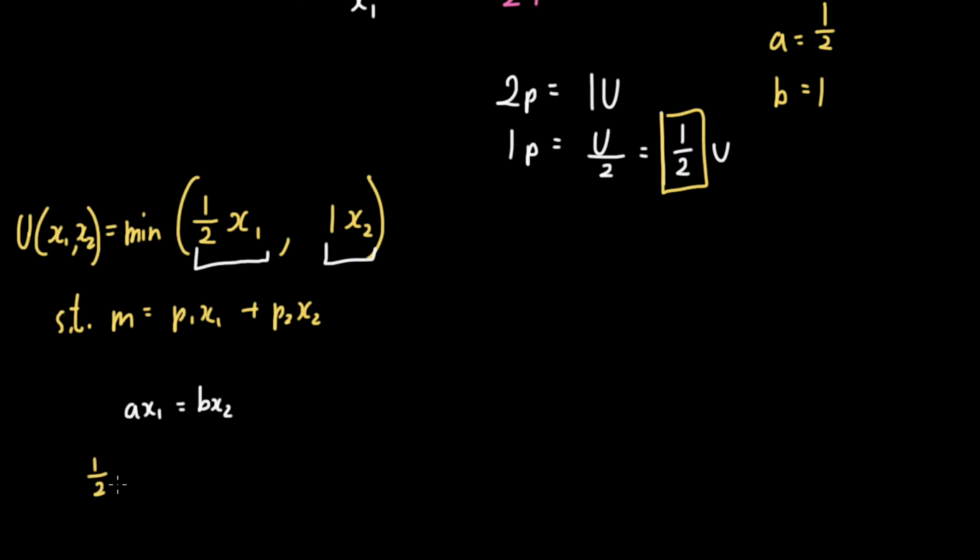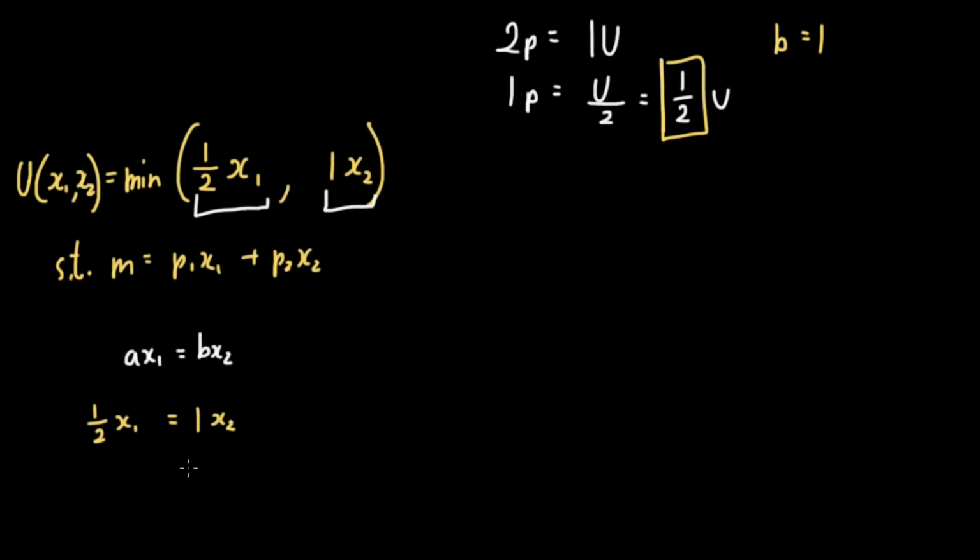So 1/2 x sub 1 should equal 1 x sub 2. And so we try to isolate either x sub 1 or x sub 2. In this case, it's easier to isolate x sub 2 because 1 times x sub 2 is just x sub 2. So x sub 2 should be equal to x sub 1 over 2.